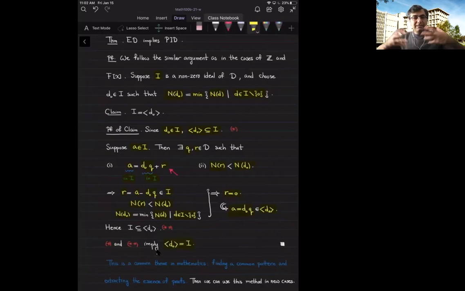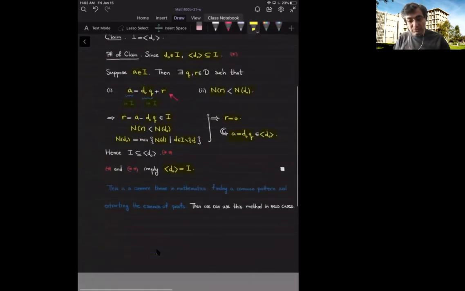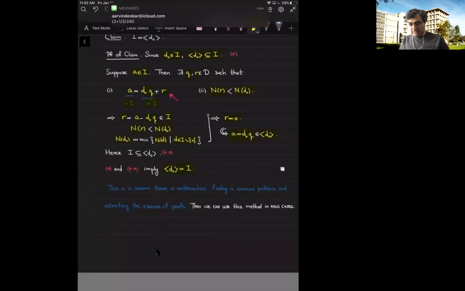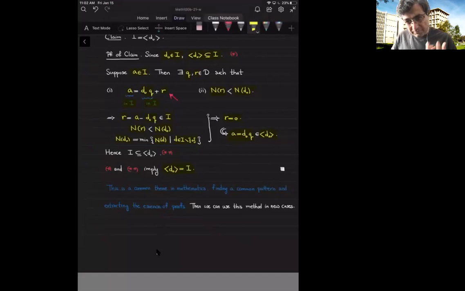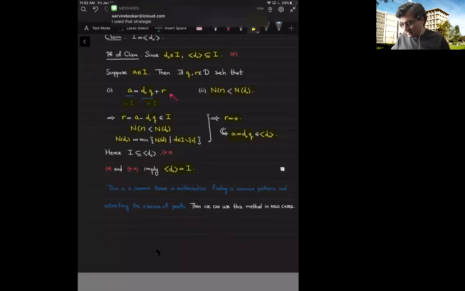So we see that in every Euclidean domain, every ideal is principal. In general, I believe mathematics is the art of finding patterns. So we find this common pattern in different parts.